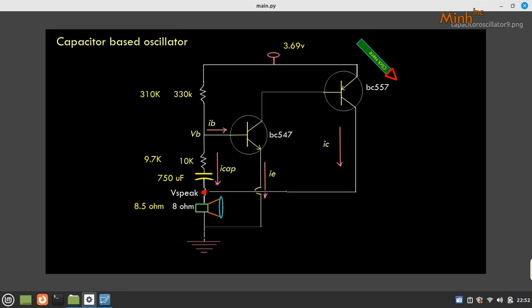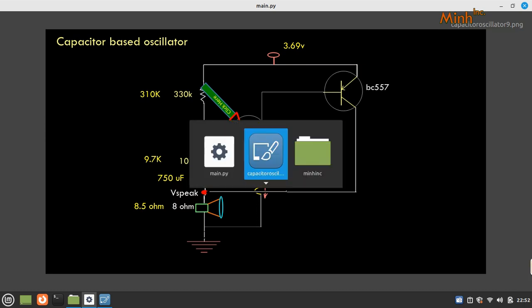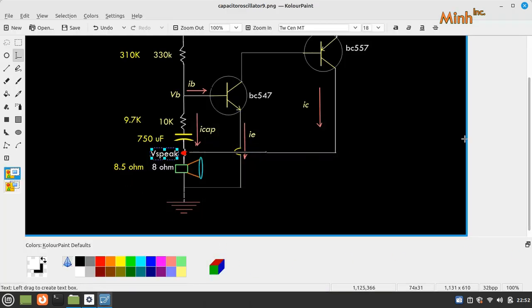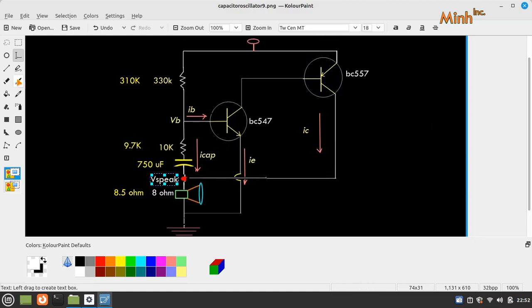If we see the capacitor phenomenon, the capacitor is charging, and the right side, this area, is completely dead when the capacitor is charging.